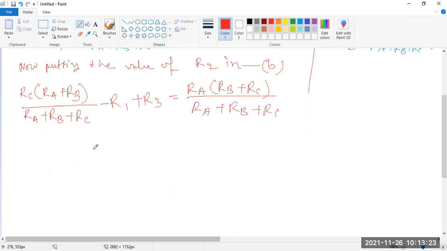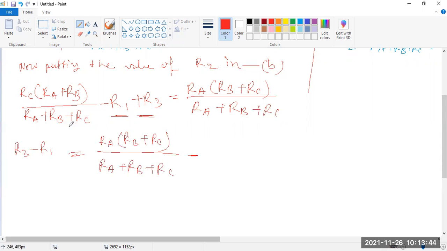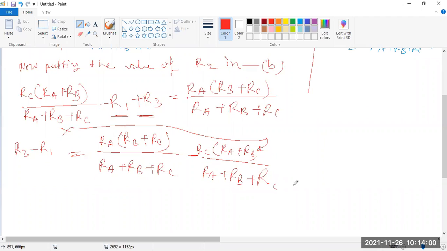So R3 minus R1, look, this one and this one, and take this over here. So RA, RB plus RC divided by RA plus RB plus RC is coming here. So RC, RA plus RB divided by RA plus RB plus RC.